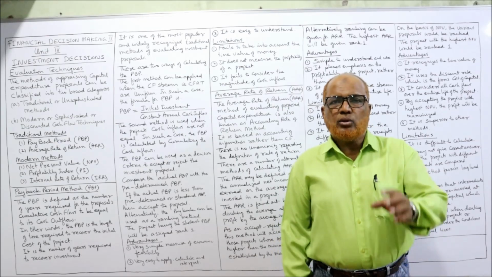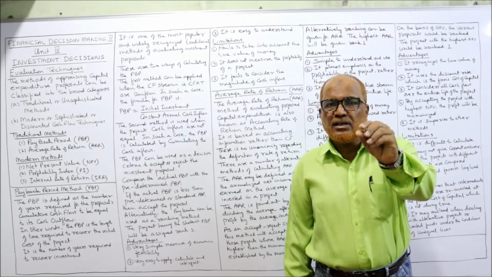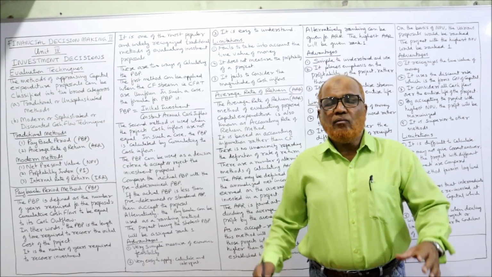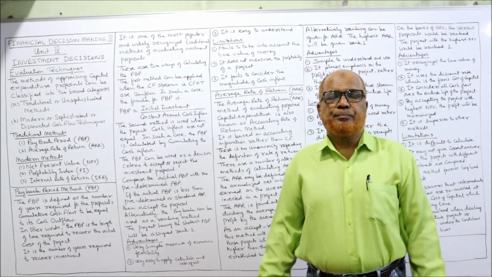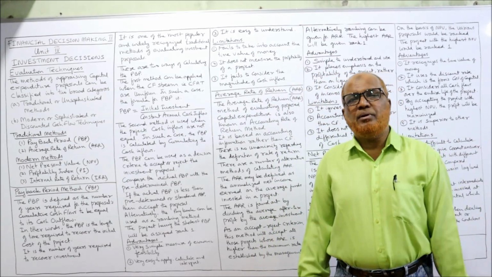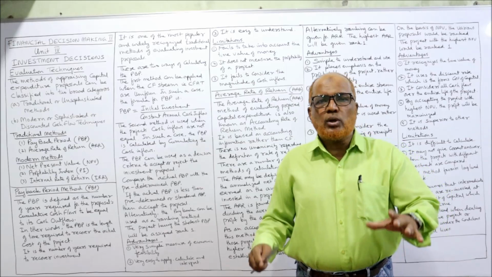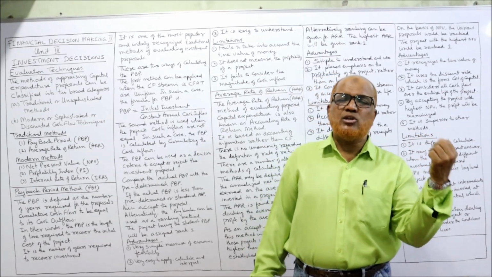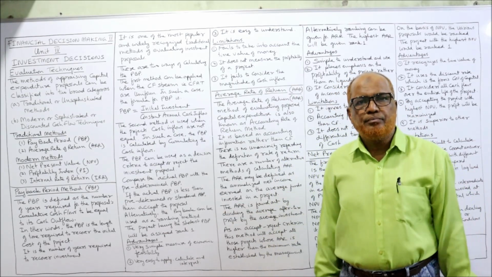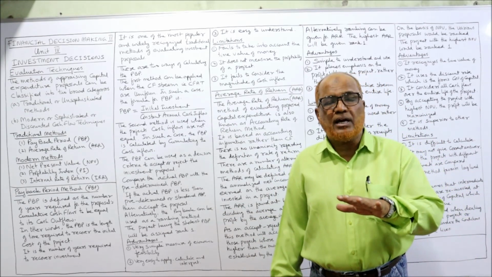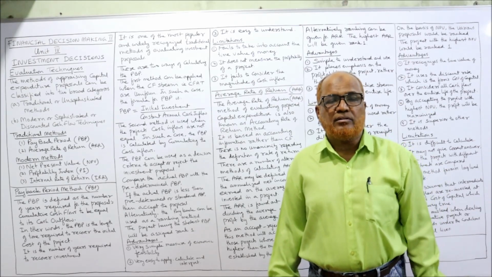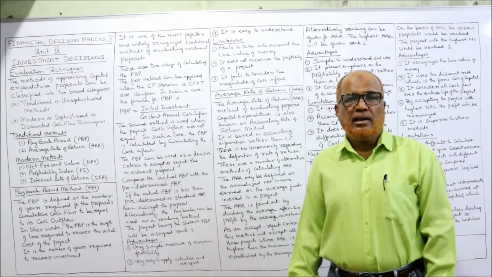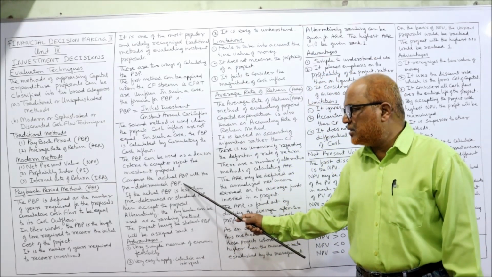This 5-year PBP is called the predetermined or standard PBP. Now we calculate the actual PBP and compare it with the standard PBP. Suppose the actual PBP of the project comes to 6 years, whereas the standard PBP given by the management is 5 years. Reject it, because management says don't accept any project whose PBP is more than 5 years. If the project PBP is 4 years, accept the project.